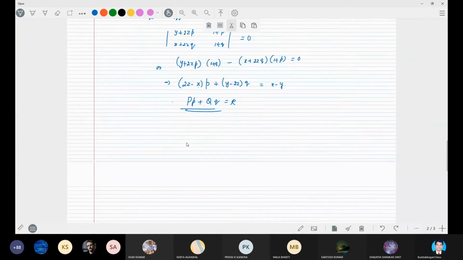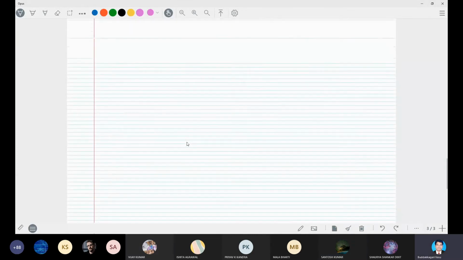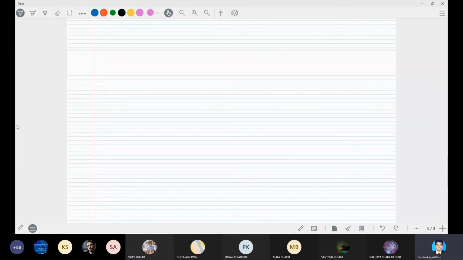Okay, so now move to another concept, which is partial differential equations of first order. First order PDEs.